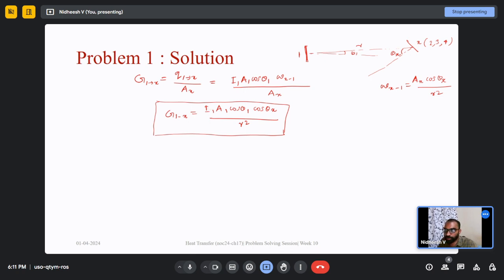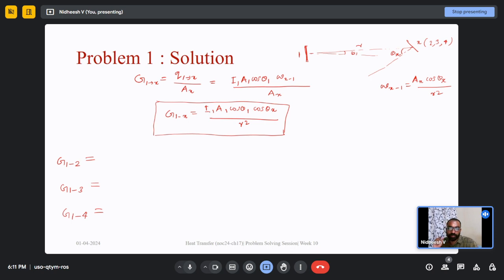We will go back to our previous slide to look at our geometry. Now what we have to find out is, first, irradiation due to emission from surface 1 to surface 2 equal to something, then irradiation from surface 1 that is intercepted by surface 3 equal to something, and irradiation from surface 1 that is intercepted by surface 4 equal to something.